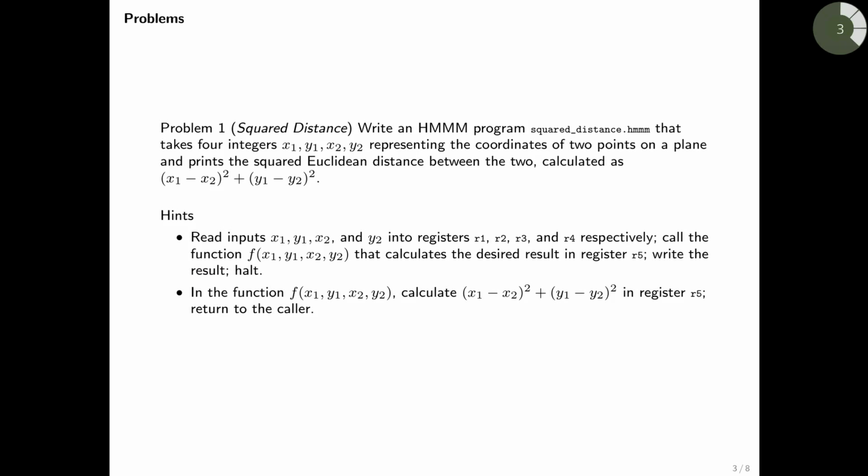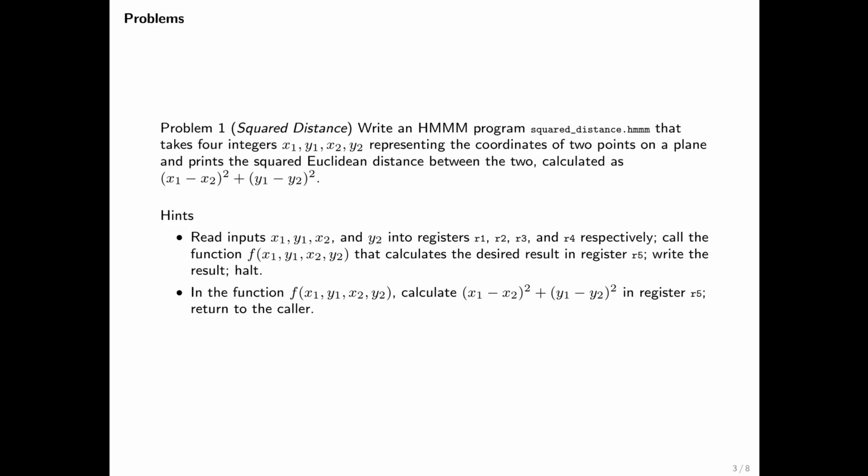Okay, so let's start with the very first problem. This is called squared distance, and here you're expected to write an HMMM program called squared_distance.hmmm that takes 4 integers, let's call them x1, y1, x2, and y2, representing the coordinates of 2 points on a plane. So x1, y1 is 1 point and x2, y2 is another point.